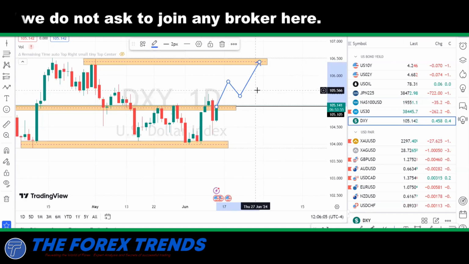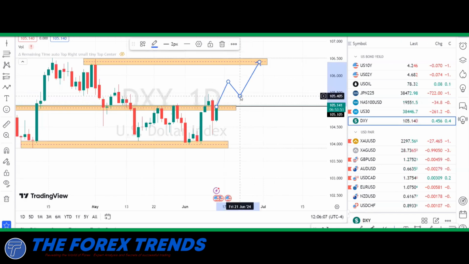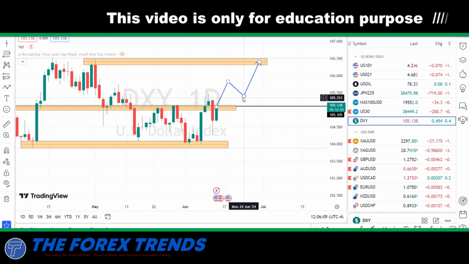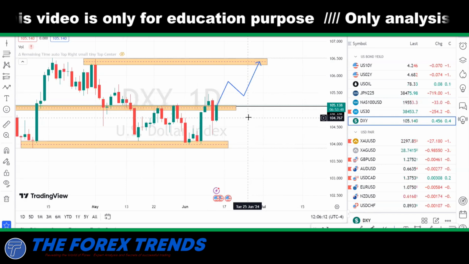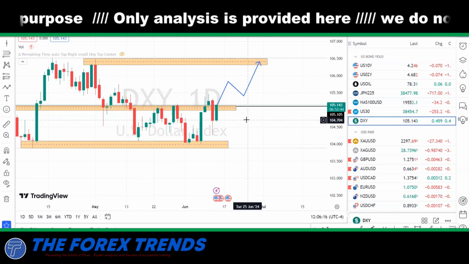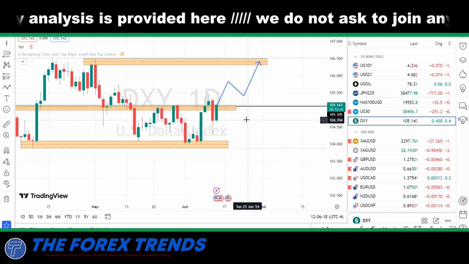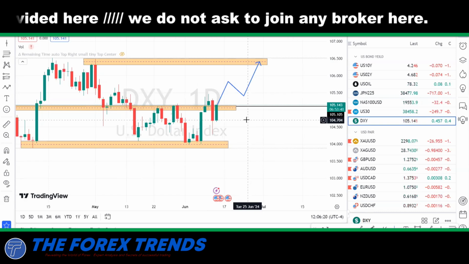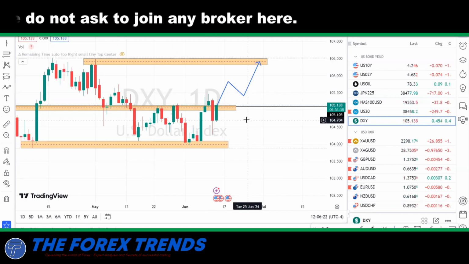So we'll plan according to this movement. Okay, so that was the previous Fed Powell statement.